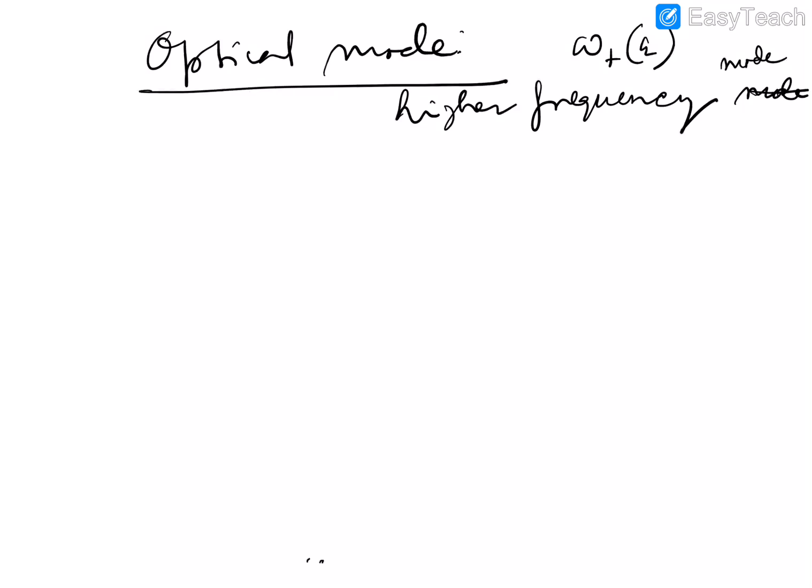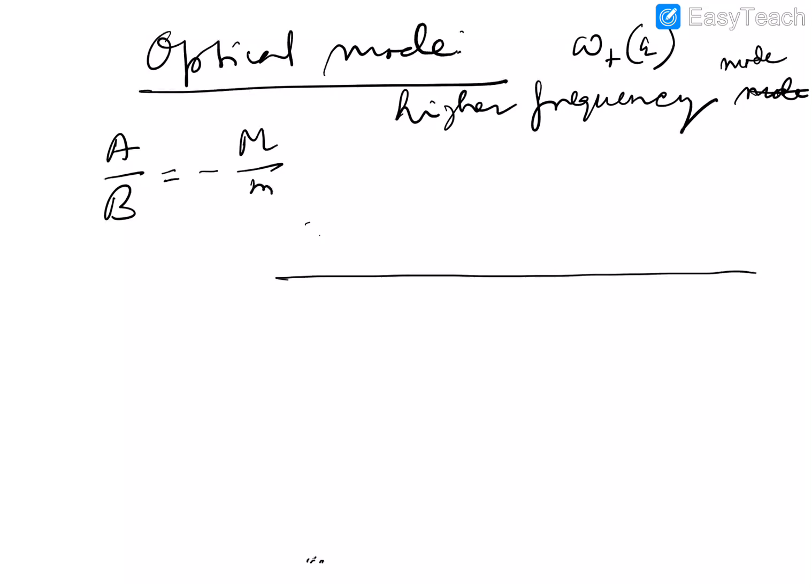There we see that a by b equals minus, I think, small m or capital M, just check that. The meaning is that they vibrate opposite to each other. So now let me consider this. One is the red atom, let's say here, and then we see the other, so they are opposite in phase.